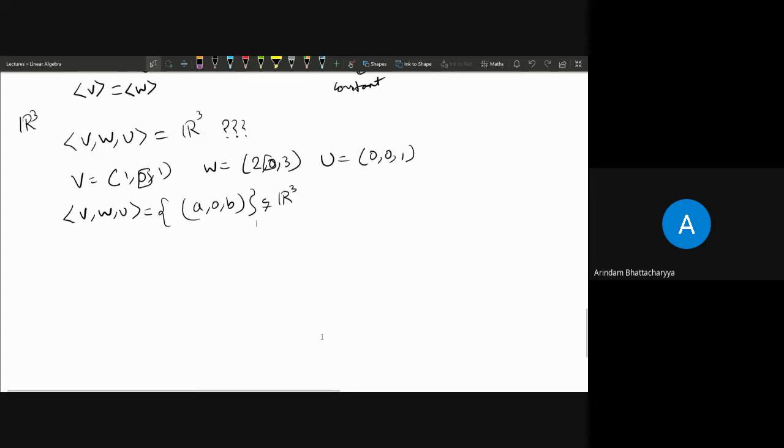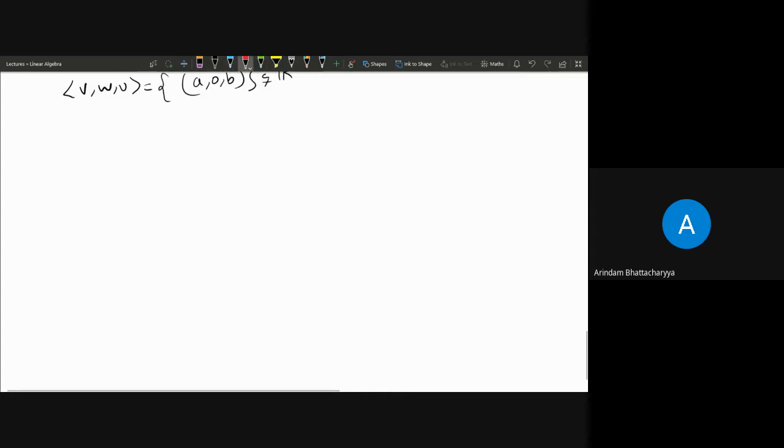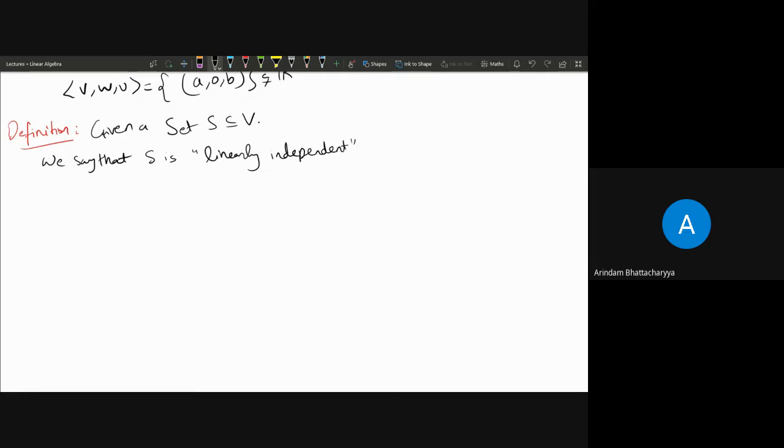So, definition. Given a set S of V, we say that S is linearly independent if and only if C1 S1 plus C2 S2 plus up to Cn Sn equal to 0 happens only when all of them are equal to 0 themselves.